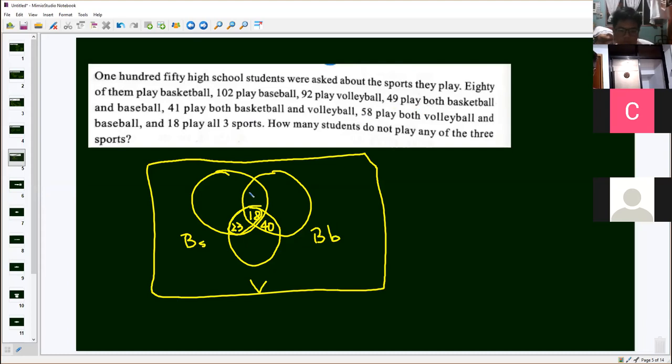Eh, may 18 na, so that makes it 31. Now, baseball, 80, basketball. You have 31, 18, and 23 already. Tell me the total, guys. Help me out. Yung iba, ready for the total. 31, 18, and 23, what's the total?